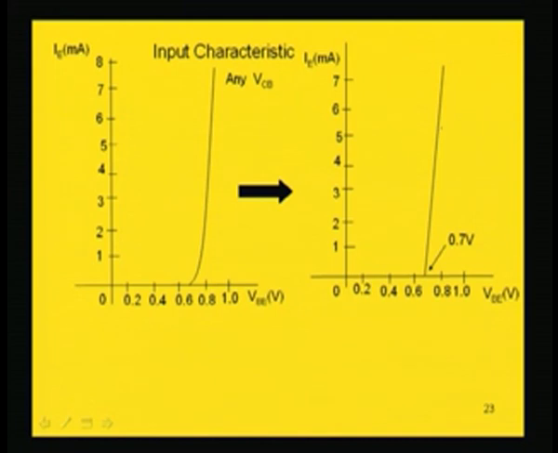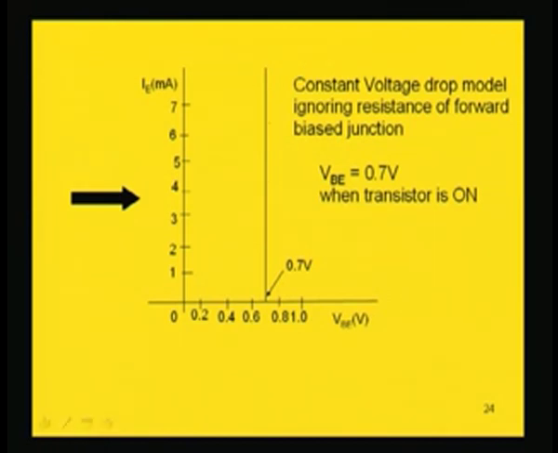That is the piecewise linear characteristic, or piecewise linear equivalent model, for this forward bias junction of the transistor. For a particular VCB, we have this model, which can further be approximated by the constant voltage drop model without violation, because the constant voltage drop model means a 0.7 volt drop in the forward bias junction of the transistor.